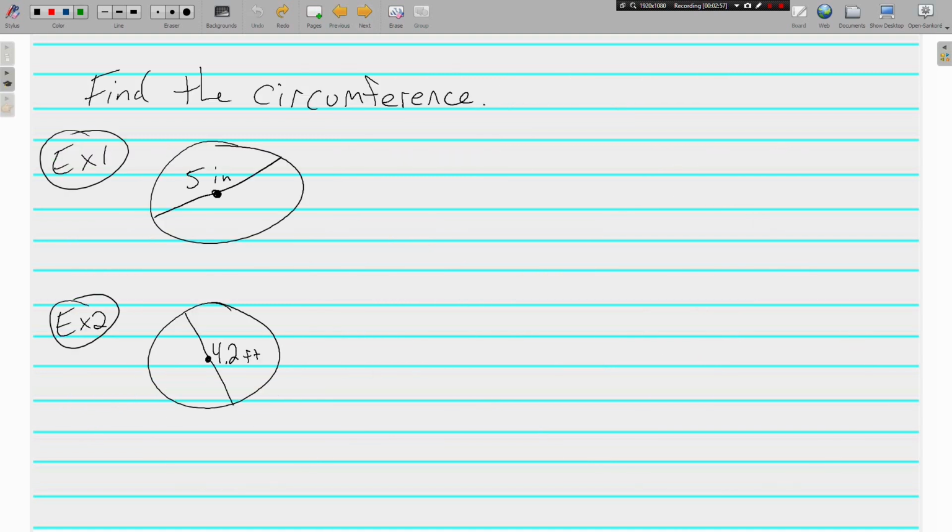Find the circumference. We're going to start with our formula. C is equal to pi times diameter. And we're going to substitute in what we know. For pi, we're going to use 3.14.